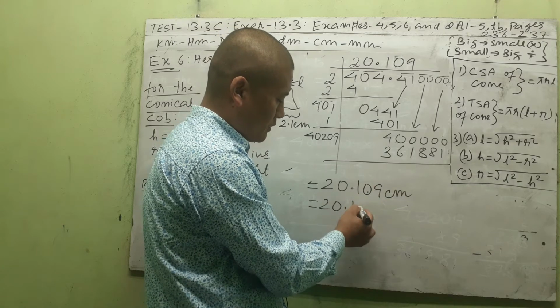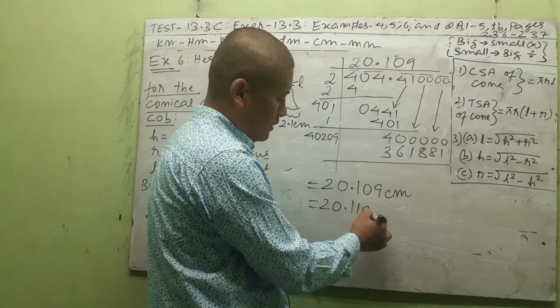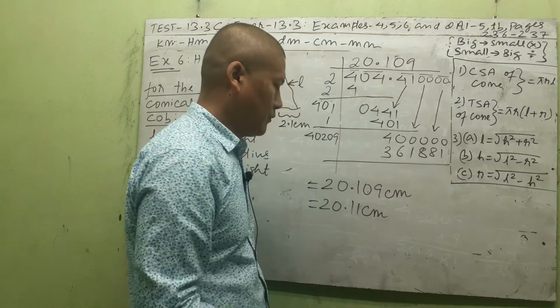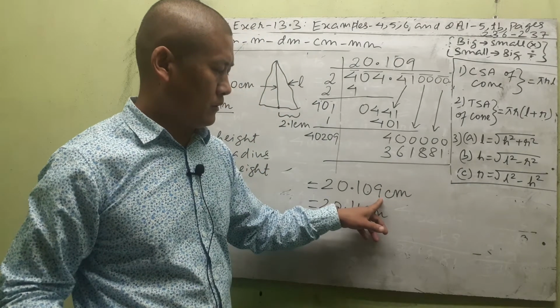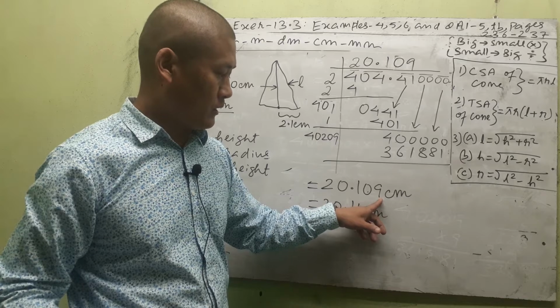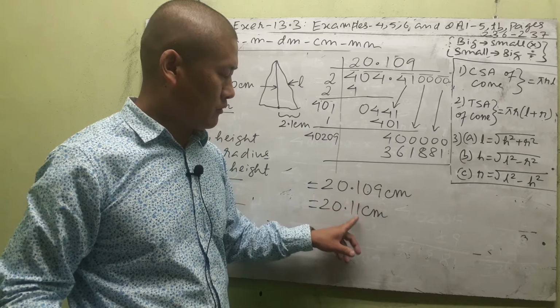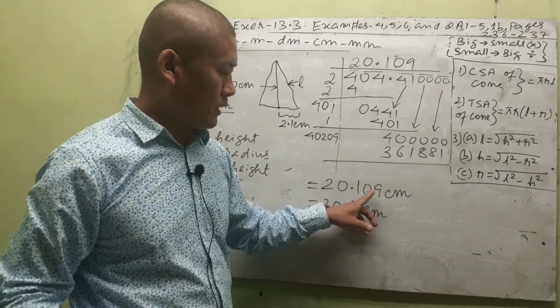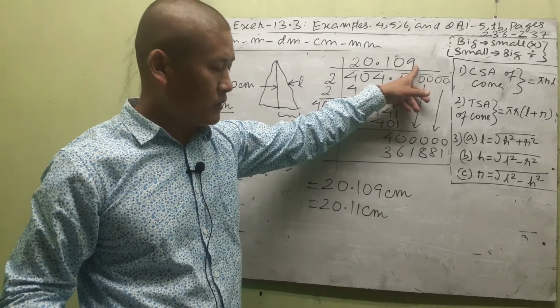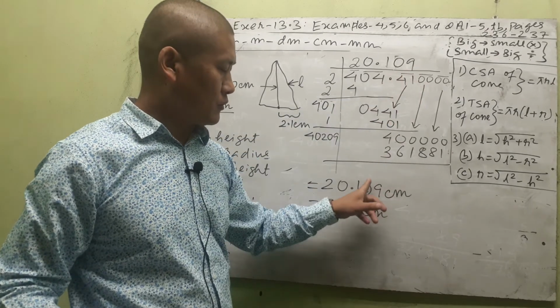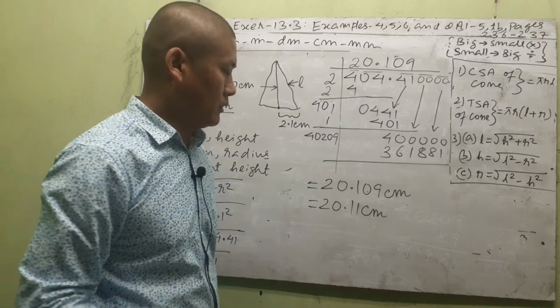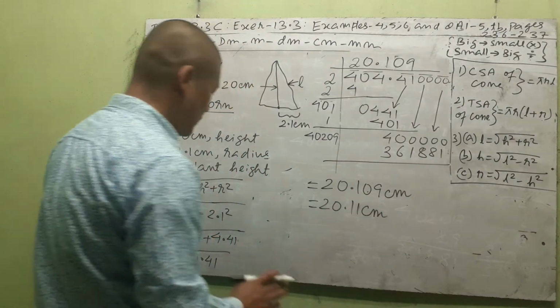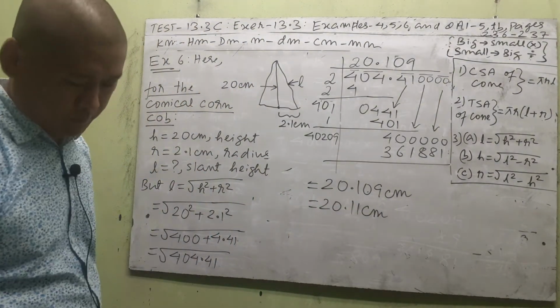So 0 plus 1, 1. And that's the approximate value. Had this been less than 5, like 4, 3, then it would have remained 0 here. That is what is meant by going up to the third place of decimal division and taking approximation up to the second place. So approximately the slant height is 20.11 centimeter.